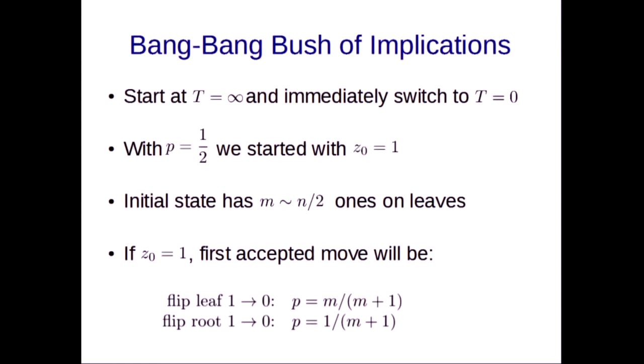M of those things are these leaf variables, where by flipping it we'd be doing the right thing, and one of them is flipping the root variable, which is moving us in the wrong direction. So with pretty high probability we're moving in a good direction. We'll flip a leaf rather than the root just because there's more of them. So probability m over m plus 1 versus 1 over m plus 1.